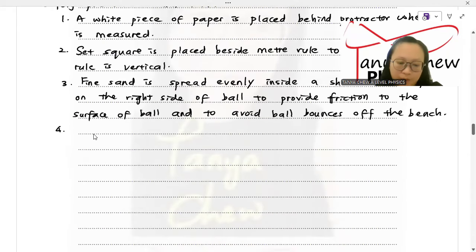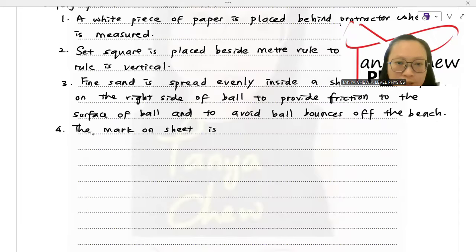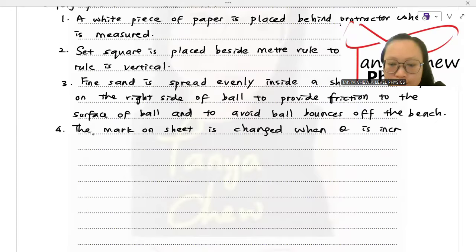Right, number 4, so I say the mark on the sheet is changed when theta is increased to ensure the Z value is always constant.